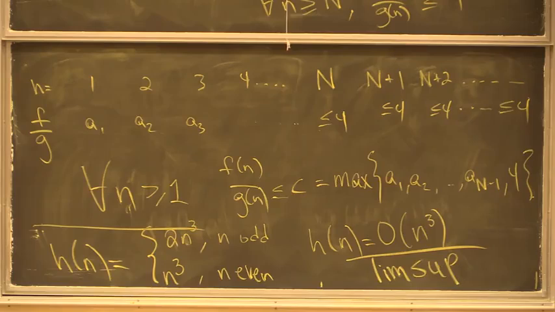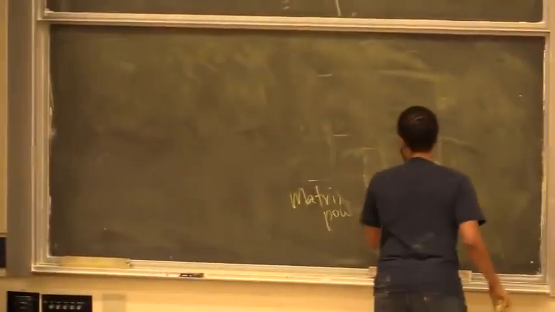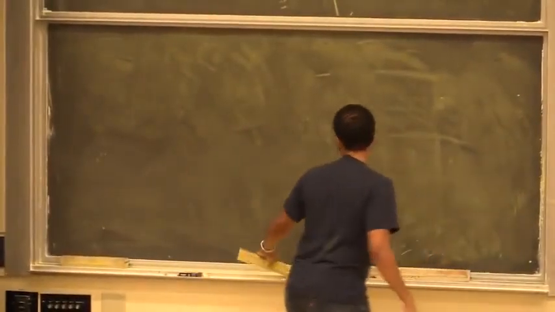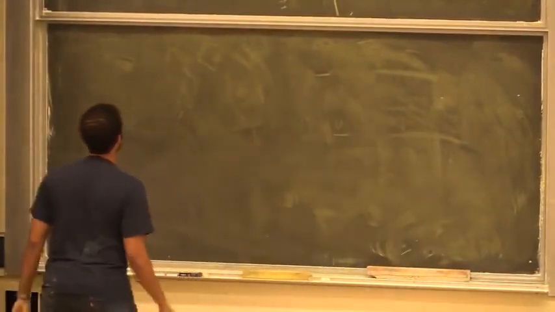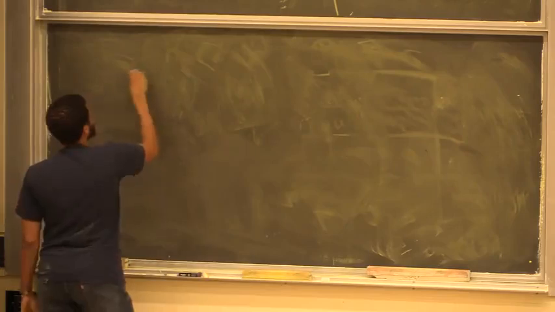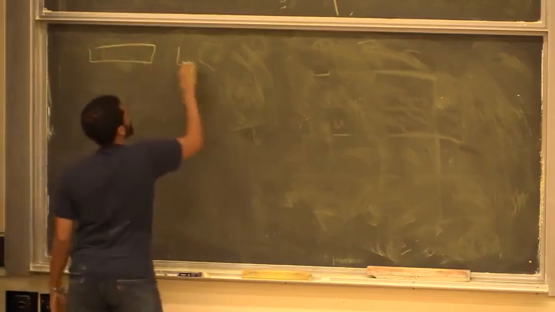Okay. So I want to do one more example of divide and conquer. But before I do that, you remember last time when we covered Karatsuba's algorithm, what did we say? We had these two integers we wanted to multiply.